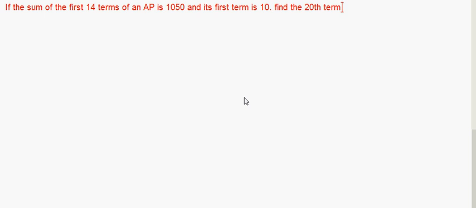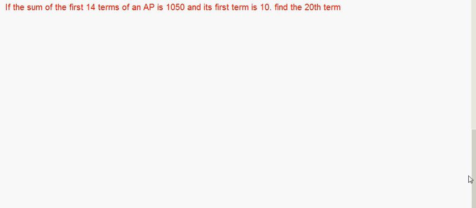If the sum of the first 14 terms of an AP is 1050 and its first term is 10, find the 20th term. This will include actually application of both the Sn formula as well as the an formula.